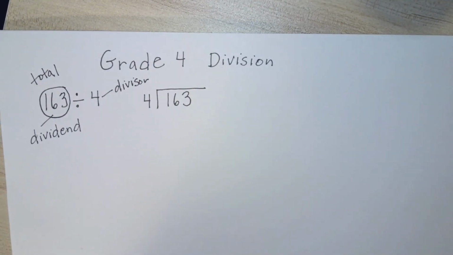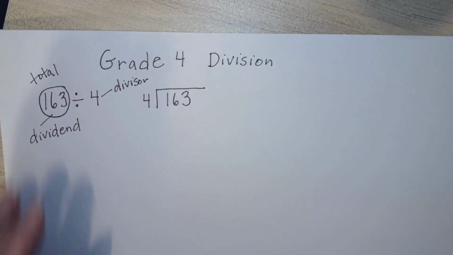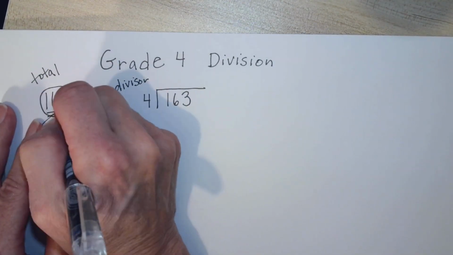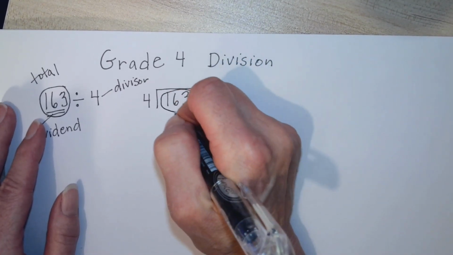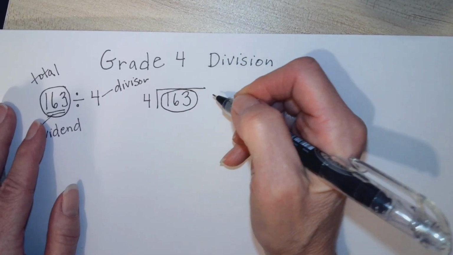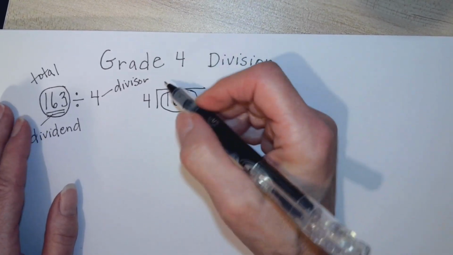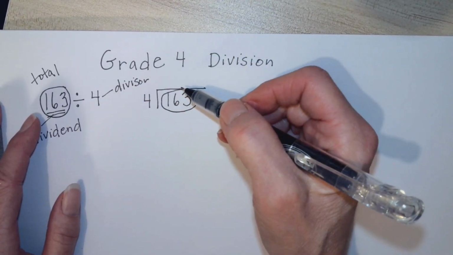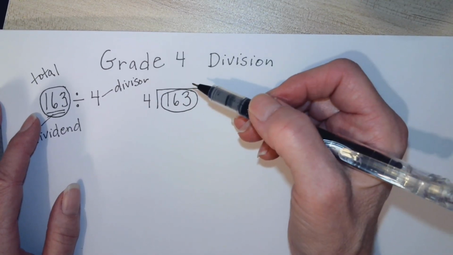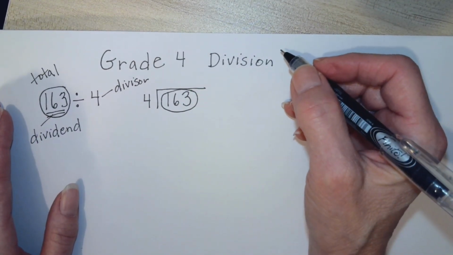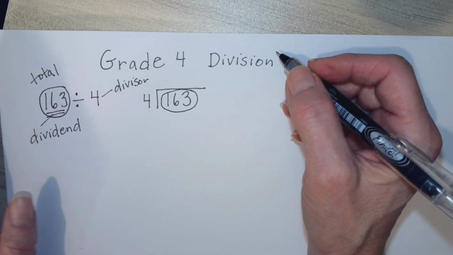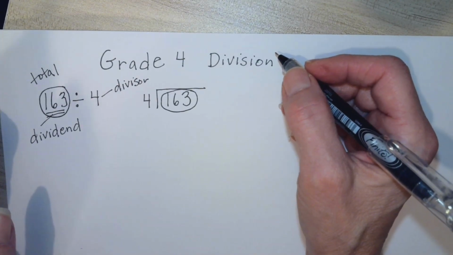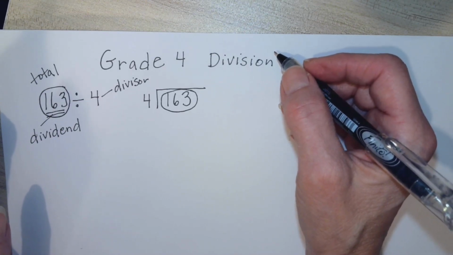One of the things I like to tell students when they're just learning about division is to think of the front number in your problem as being the number that gets to go in the house. That's what I call this, the house, and I know a lot of people call it the house. That's just one strategy so that we don't put the numbers in the wrong location, because especially when you get into 5th grade and you're dividing smaller numbers by larger numbers, it can get really confusing.